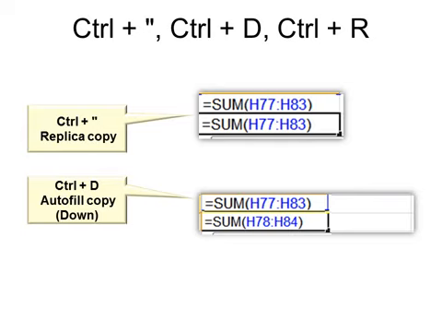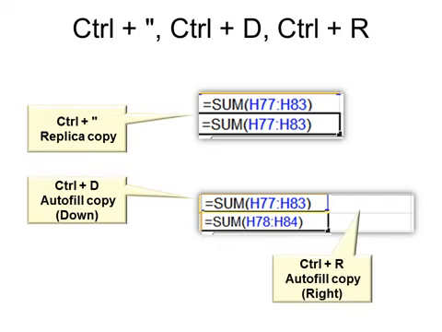See, it's slightly changed based on the fact that I moved it. So Control D is autofill, copy. And Control R is the same thing. It's just that it will work when you're in the right cell, and it will copy whatever's on the left. So think of Control D as copy down and Control R as copy to the right. And Control double quote means make it an exact replica.